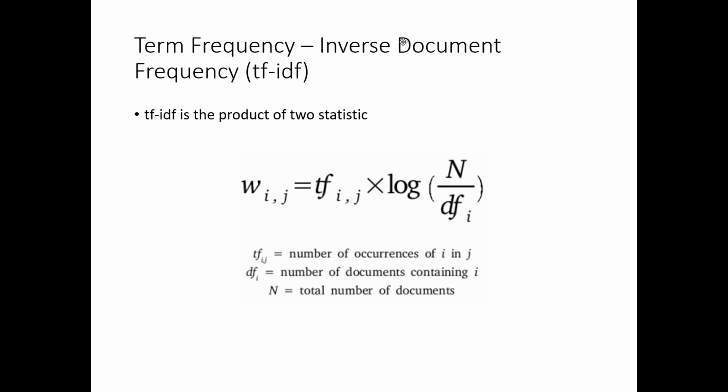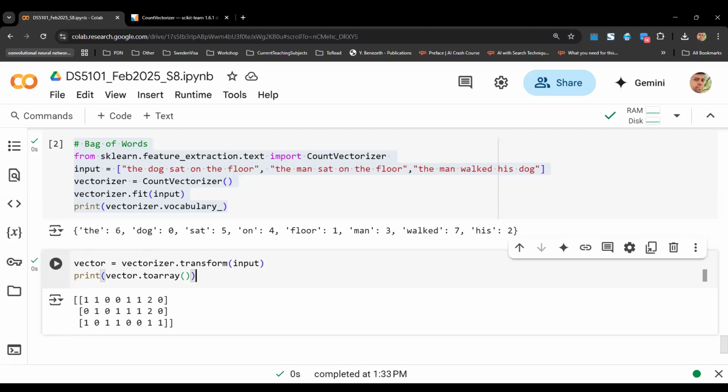Right, now let me go back to the code again. I'm going to discuss how we may use TF-IDF as well. Now that we have understood the use of this, let me explain how to make use of TF-IDF.